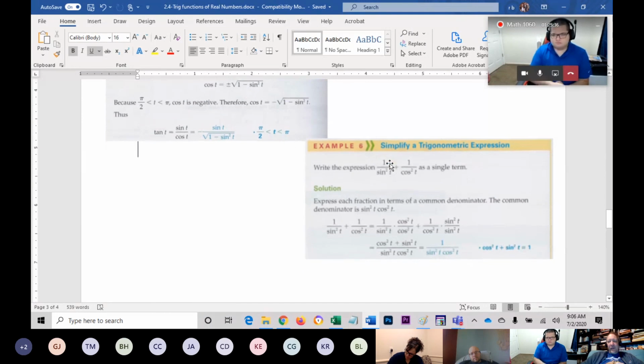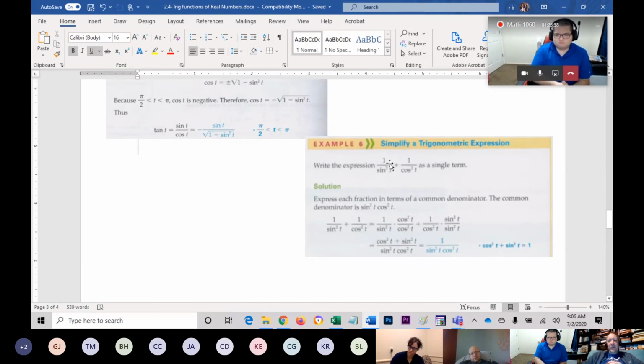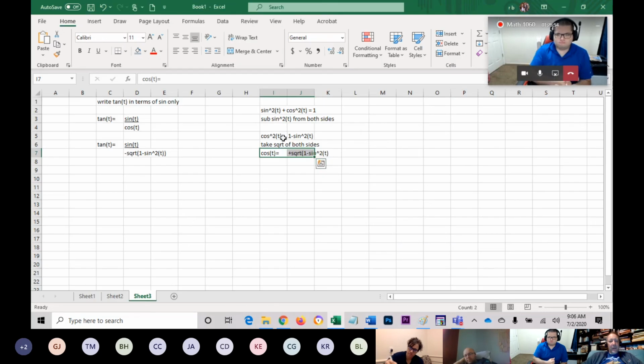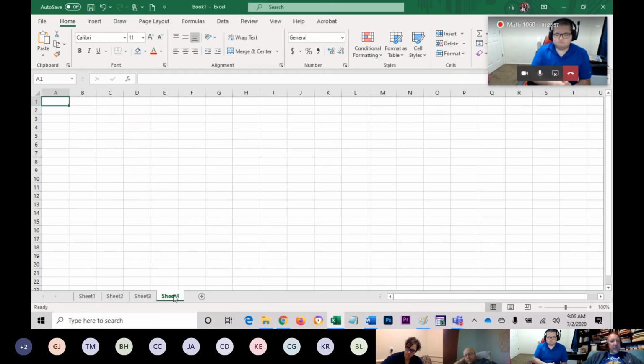All right, let's do another. And this is kind of where we start getting into trig identities, and this can be a little tough. But we want to write 1 over sine squared plus 1 over cosine squared as a single term. Okay. So here I'm going to open up a new page. Okay, so 1 over the sine squared of t. I'll try to make that look like a fraction.